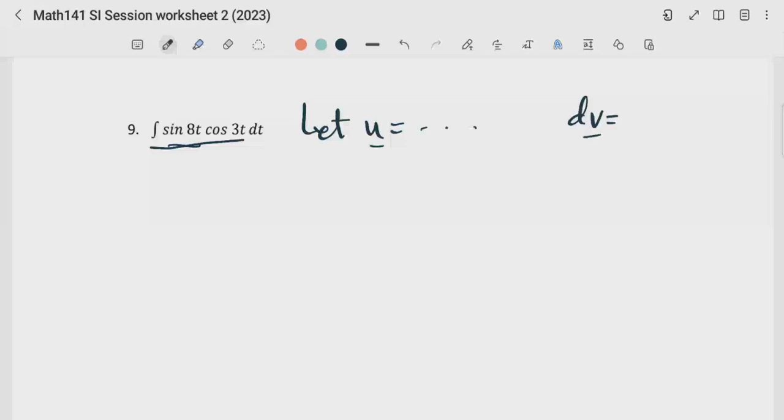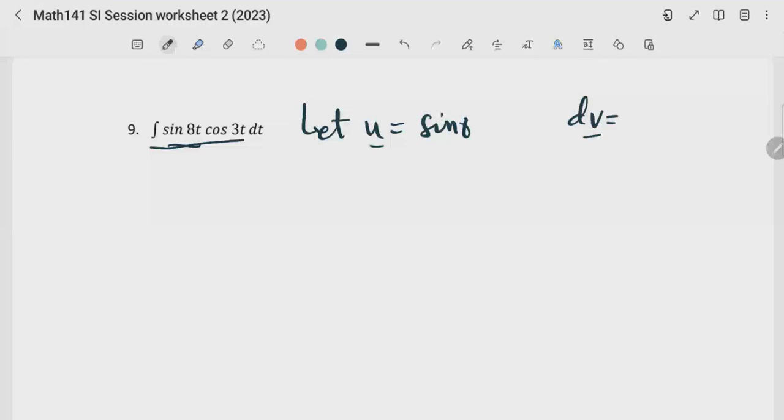Well, I'll suggest something since everyone is quiet, for the sake of time. So we could use, for example, that our u is equal to sine 8t, and that our dv is equal to cos 3t dt. So let's see if it works.